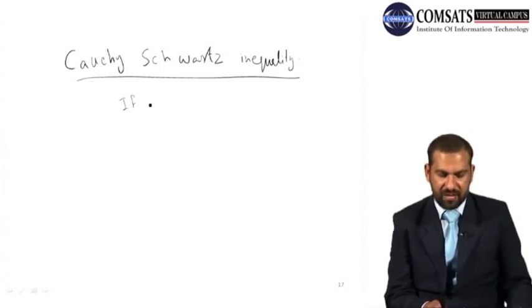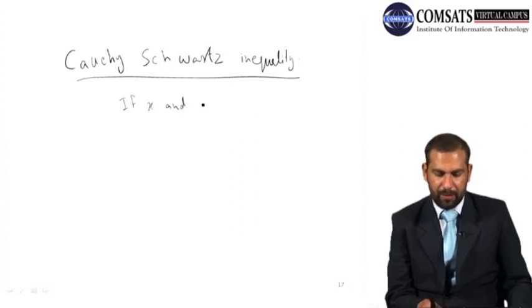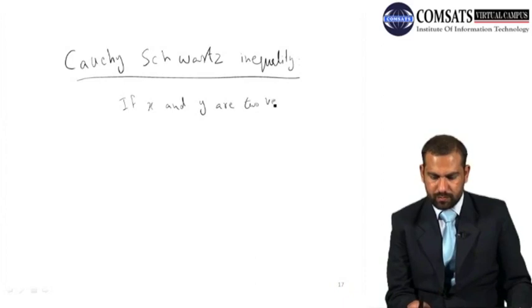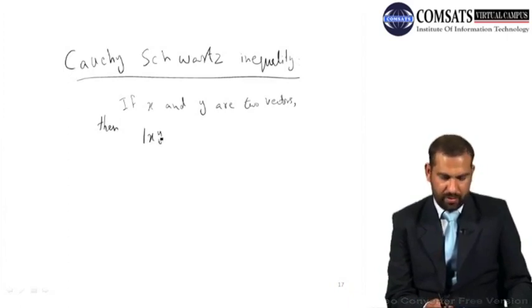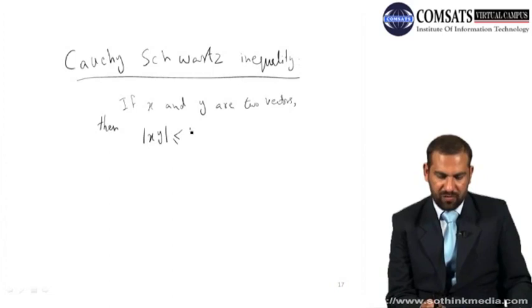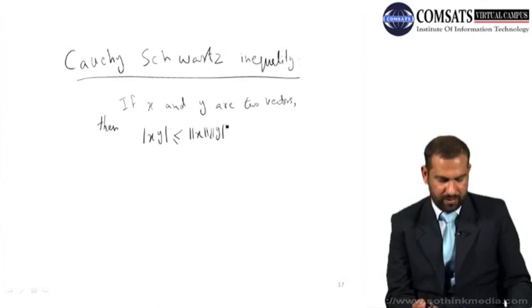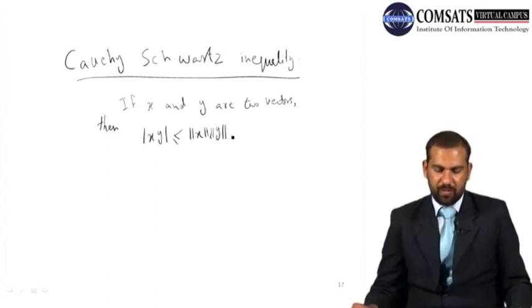That is, if x and y are any two vectors, then the mod of x y is less than or equal to the norm of x times the norm of y. It's a very important property.